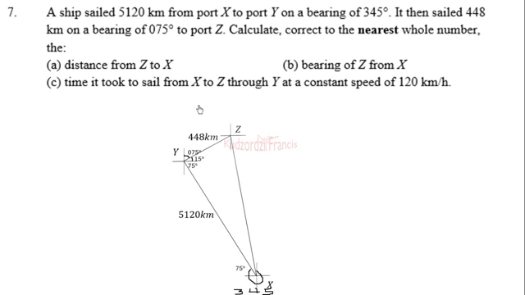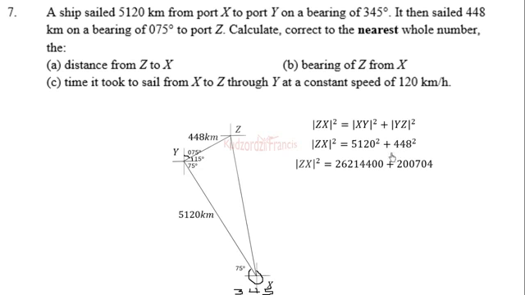Now, to calculate ZX, which is the demand of the first part of the question, we use the Pythagoras Theorem, which says that the hypotenuse squared is equal to the sum of the squares of the legs. We substitute, then evaluate. We add this to obtain 264,15104.